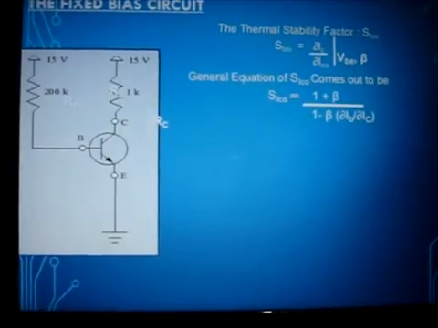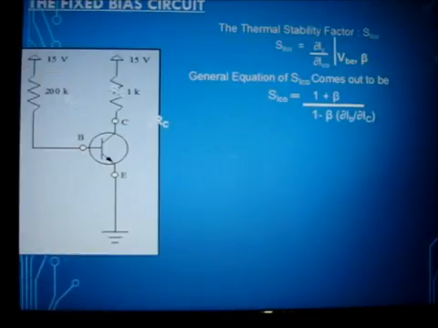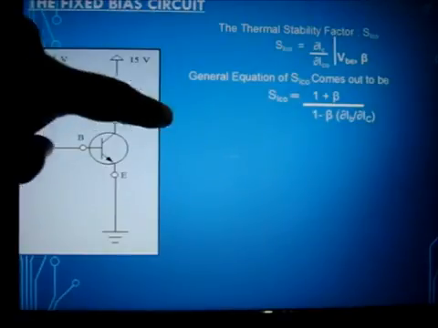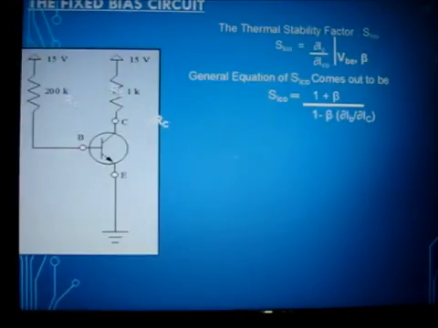In this case there is no resistor across the emitter, there is a resistor across the base and the collector. This is RB, RC, the current flowing through the base is IB, and the current flowing through this arm is IC. Now thermal stability, as we have seen before, is given as dou IC by dou ICO when VBE and beta are constant.